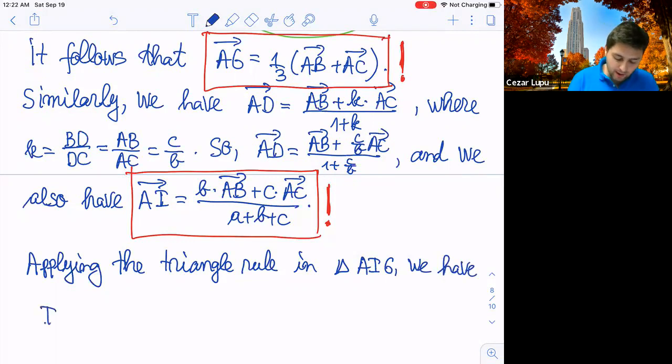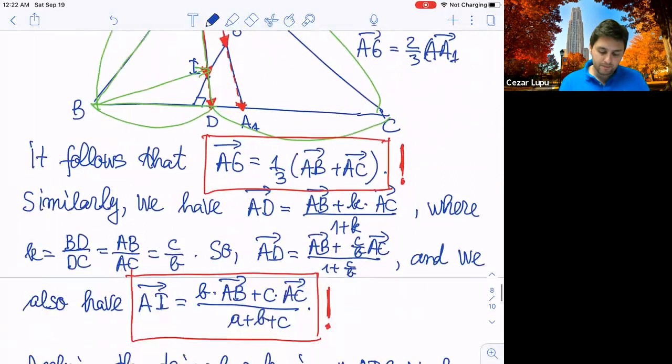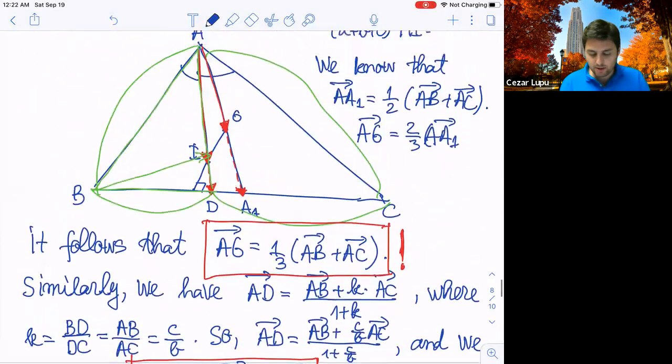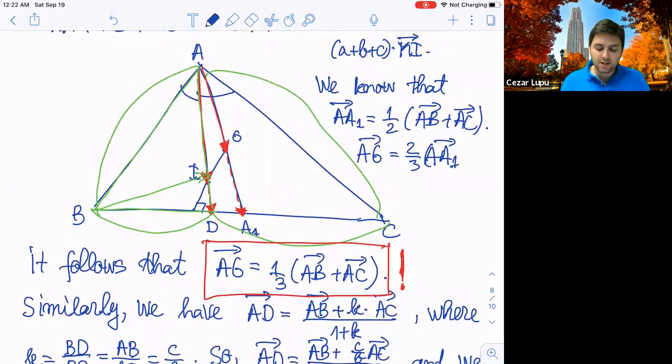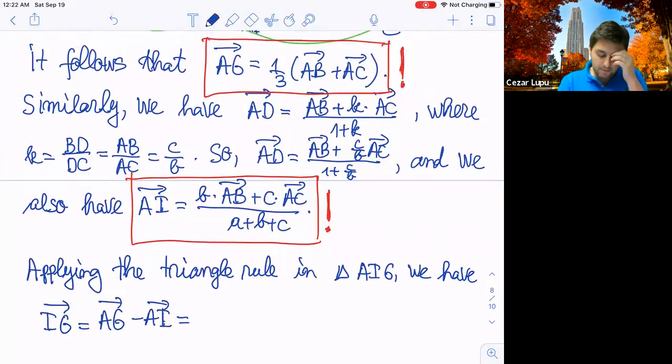So we can express the vector IG. Well, let's look. It's AI plus IG equals AG. So IG vector will be nothing else than just AG minus AI. All right. And once we do all these computations here, oh my, we have to subtract these two.